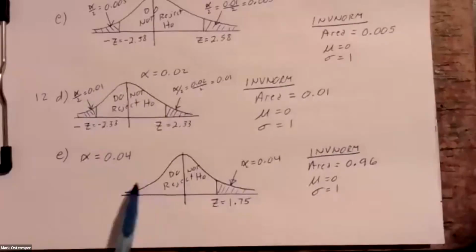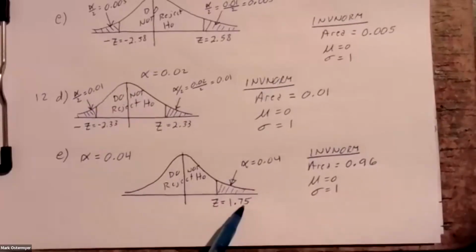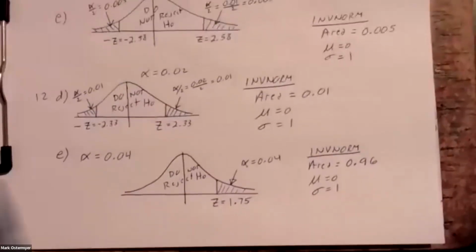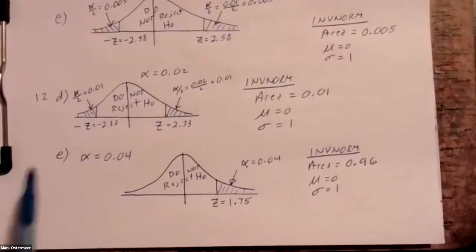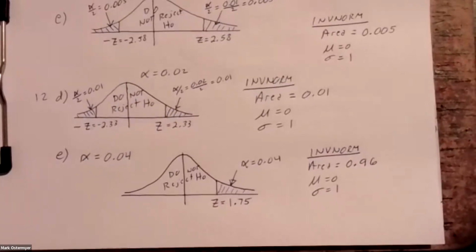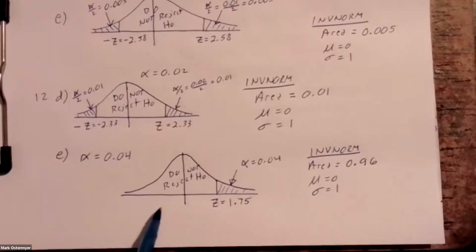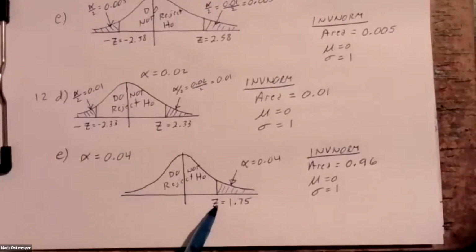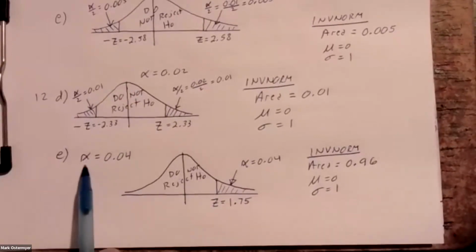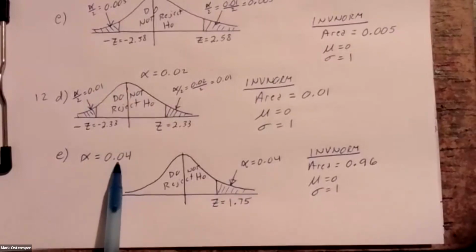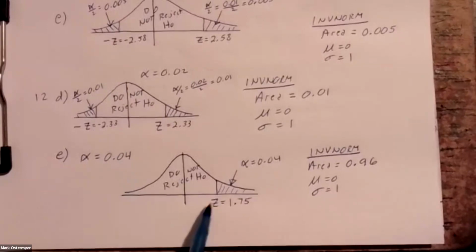Yep. And finally, E, they want us to conduct an upper tail or right tailed test. Well, they don't want us to conduct a hypothesis test. We're not actually conducting a hypothesis test. We'll be doing that next week. But if we were to conduct an upper tail or right tailed test and we were setting our level of significance, which is the probability of committing a type 1 error, at 4%, our rejection region would be found in the upper tail of the standard normal distribution, and its size would be 4%.